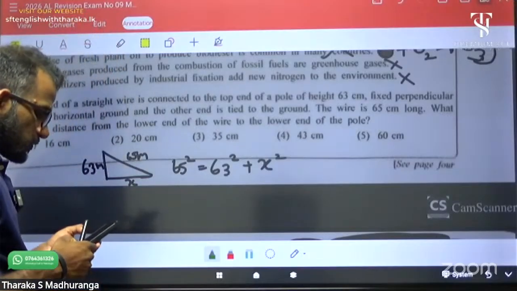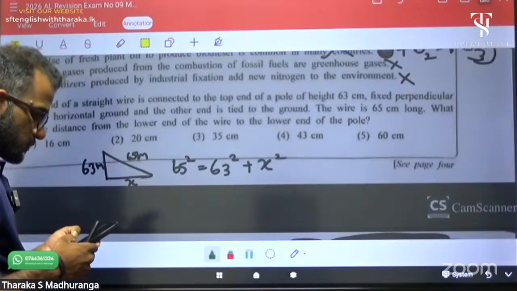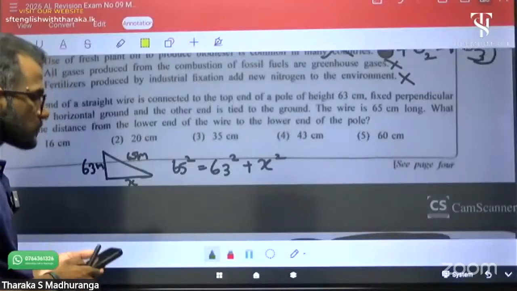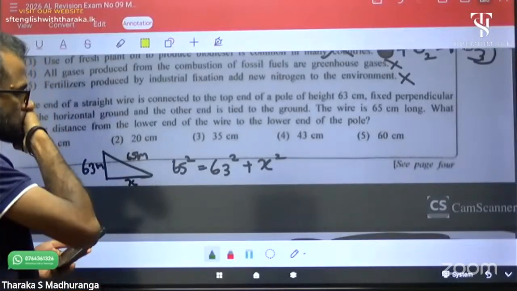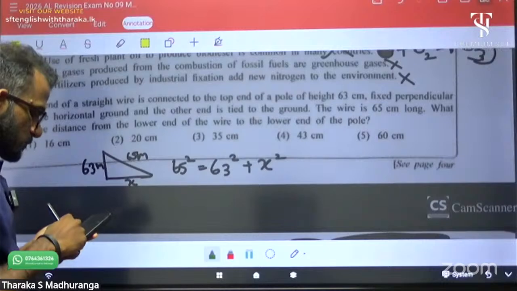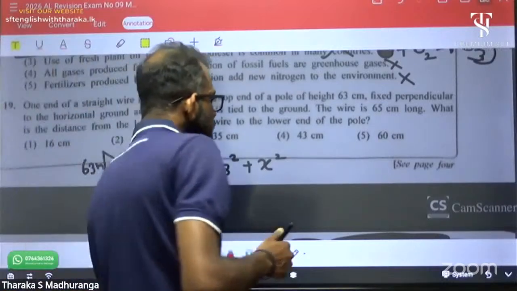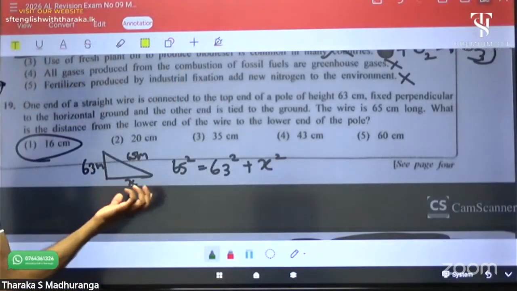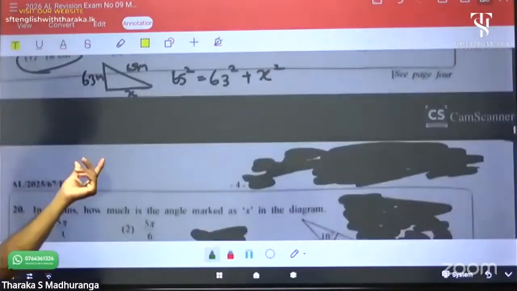So x squared equals 65 squared minus 63 squared. It is 16 meters, the distance. 16 meters is the distance.